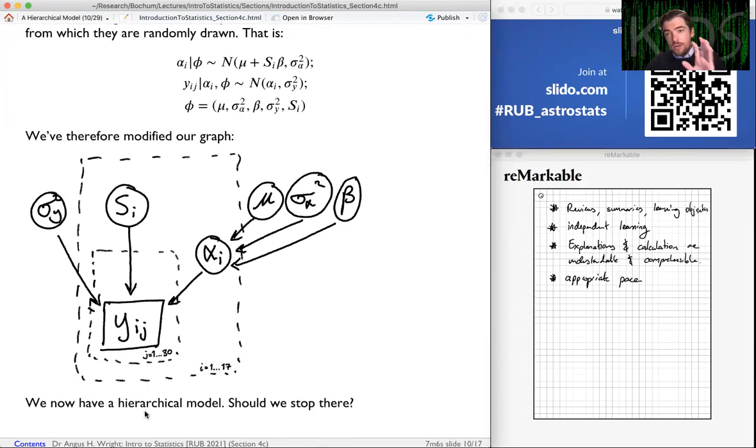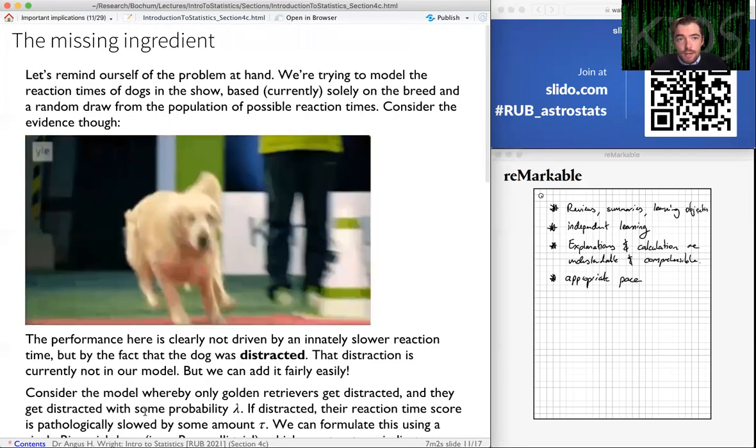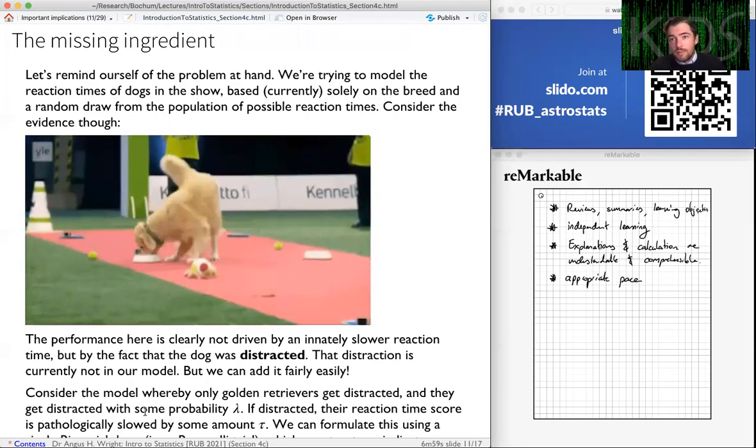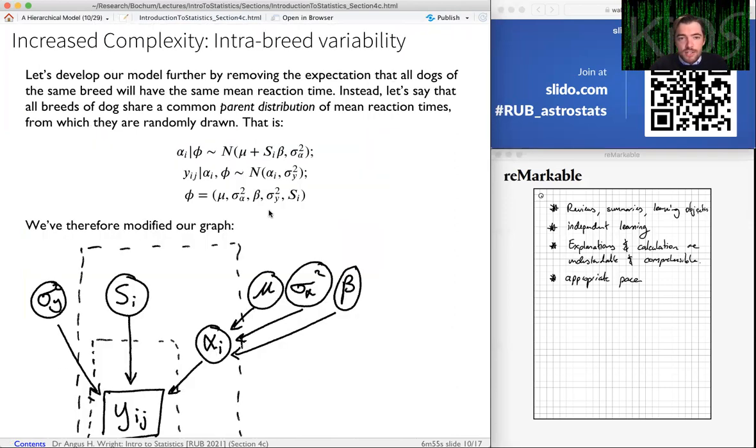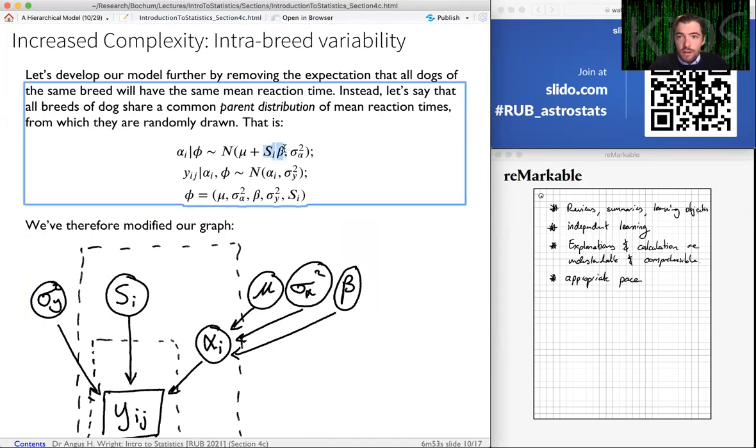Is this good enough? Well, cast your mind back to the actual problem that we're talking about. The model that we've got currently says that if you are a golden retriever, you always have some delay with respect to the border collies in terms of your reaction time. And that, modulo some scatter due to the fact that all dogs don't have the same reaction time, alone explains the differences we see in reaction time.